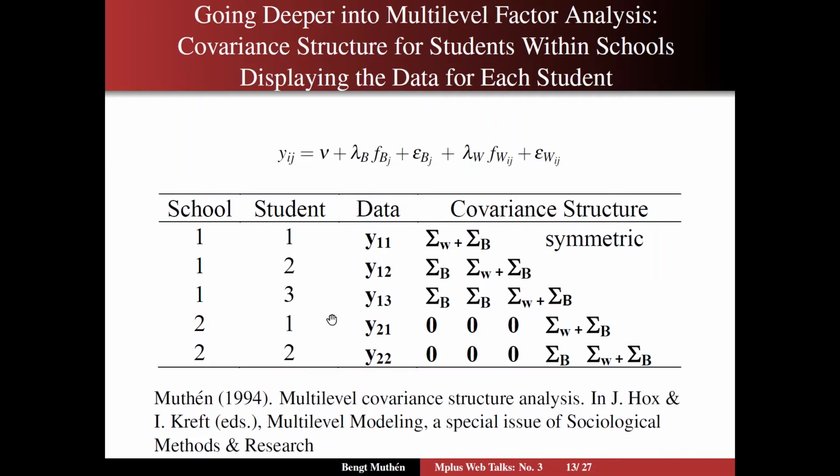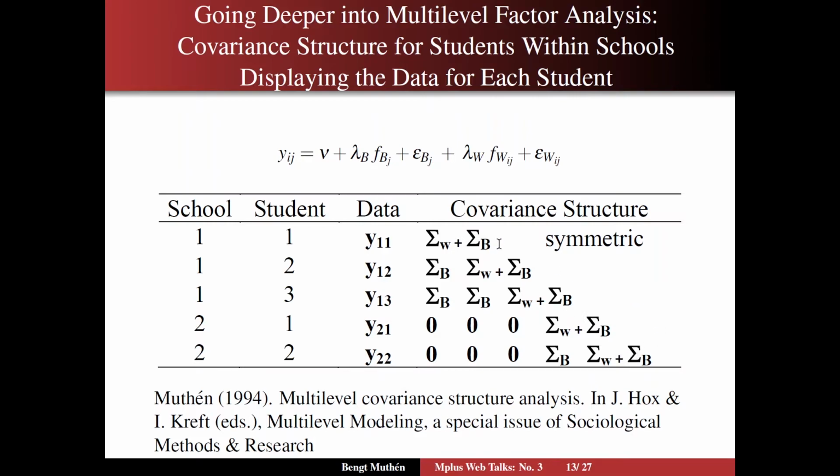Down. So considering the first student here then, the covariance structure for that student is the sigma w plus sigma b that we've talked about. The sigma w coming from the within level part of the factor model, and sigma b coming from the between level part of the factor model. And every student has that diagonal element, sigma w plus sigma b, all the way down here.